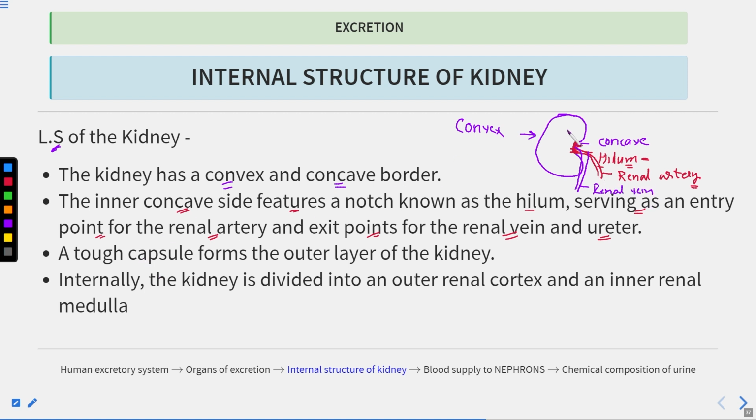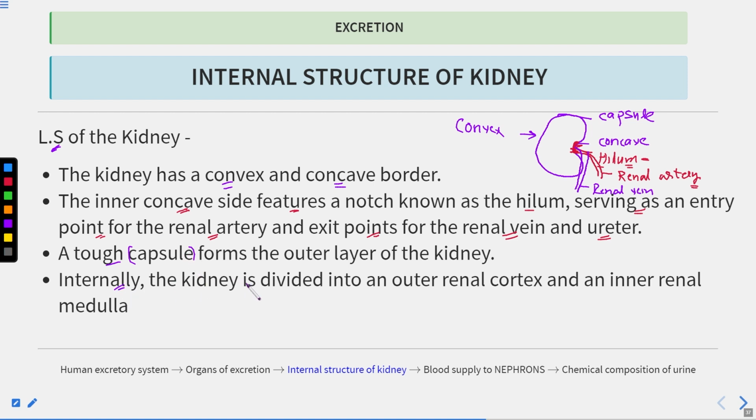Now, the outer layer of the kidney is known as the capsule. So this is the outer layer and it is known as the capsule. A tough capsule forms the outer layer of the kidney. This capsule also has 3 layers. You just have to know that, but you should remember this name, capsule.